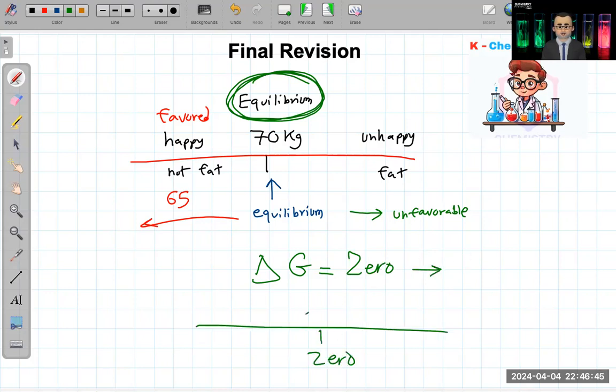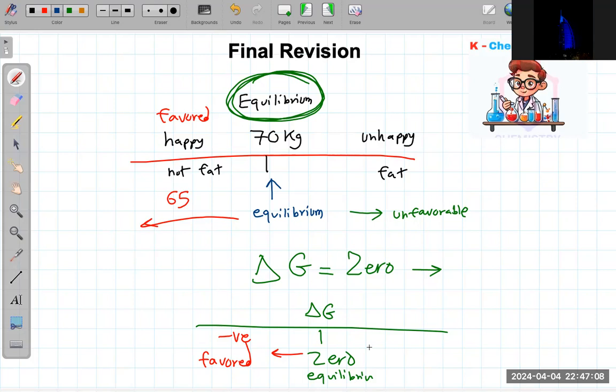Delta G is 0 at equilibrium. What if it becomes negative? Once it becomes negative, is it favored or unfavored? If delta G is negative, then it is favored. If it becomes positive, then it is unfavored.